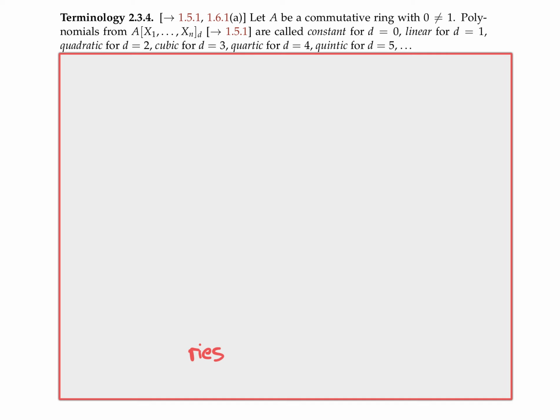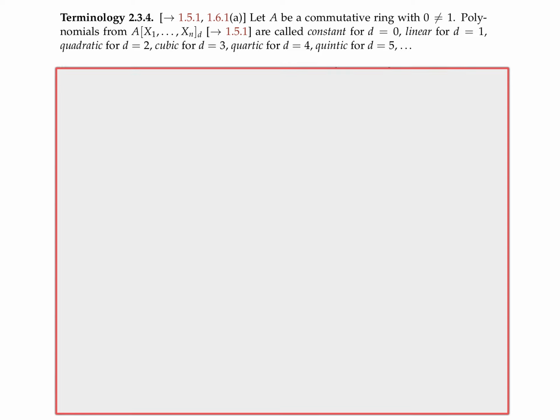And 151 was just the notation here for polynomials of degree at most d. 161a was just where I defined what's a linear form, a quadratic form, cubic form, and so on, right? So it's just to compare with it.